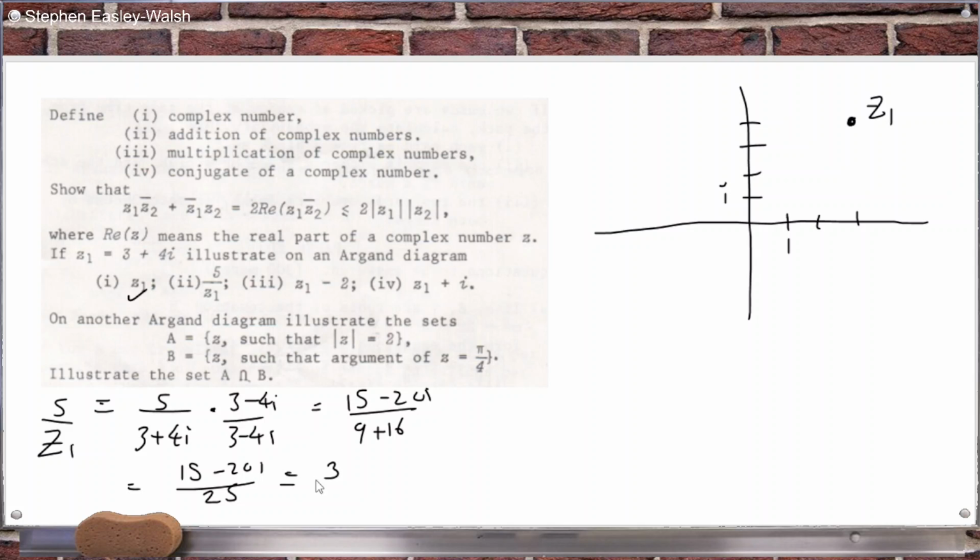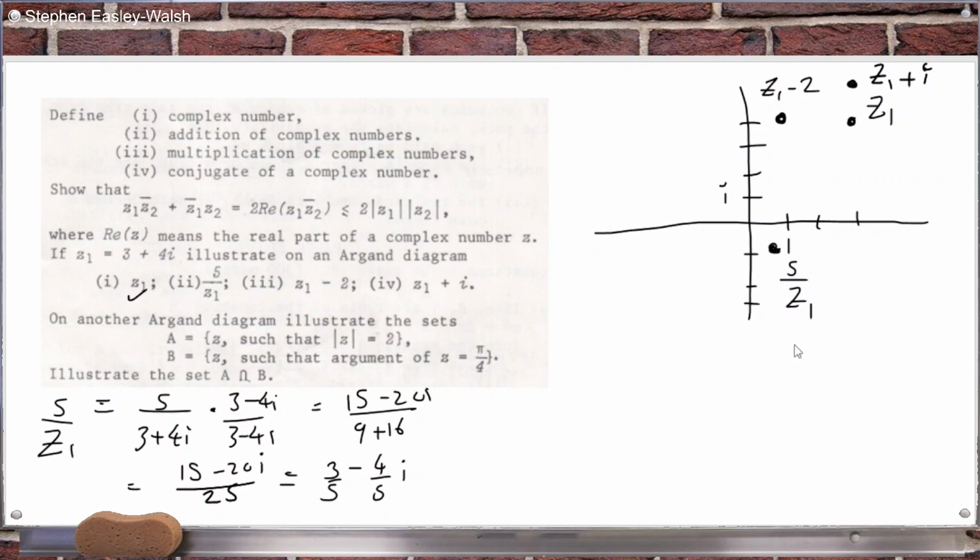That's 3 over 5 minus 4 over 5 i. So 3/5 minus 4/5 i, somewhere there. That's 5 over Z1. Z1 minus 2 is just going to be moved to the left here.